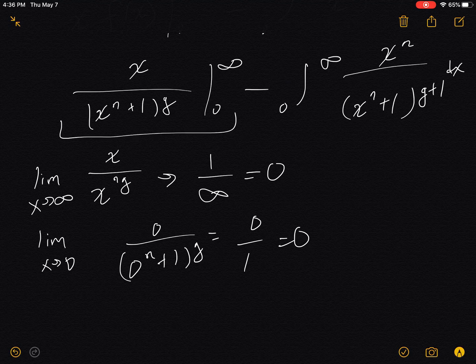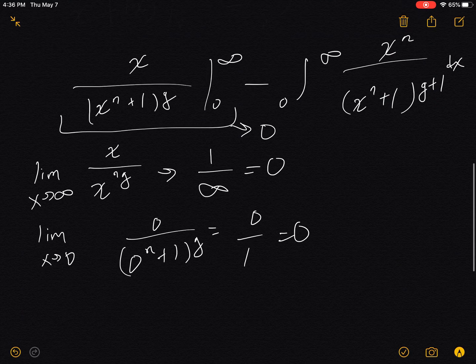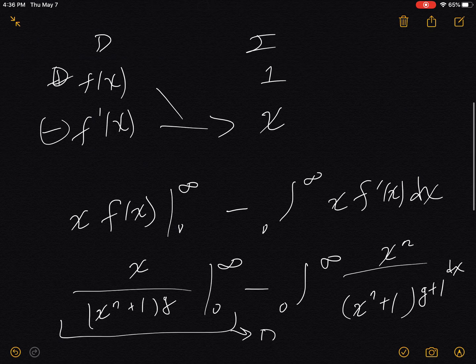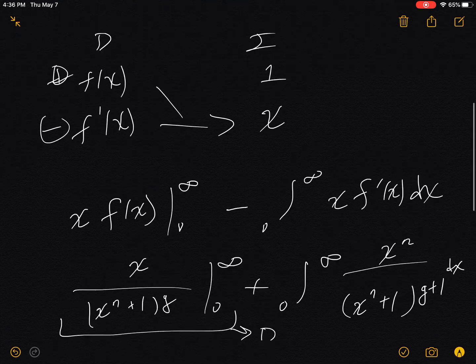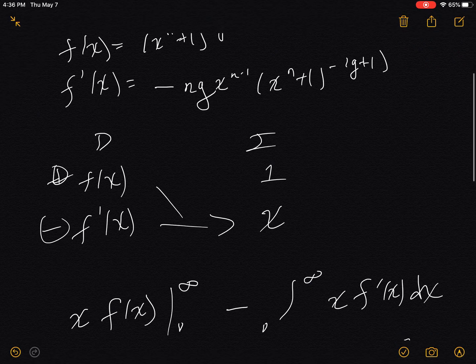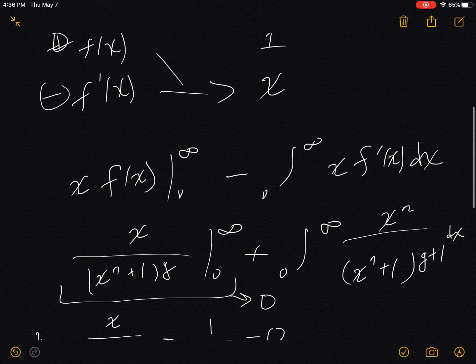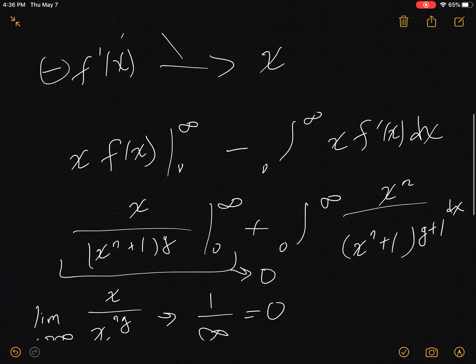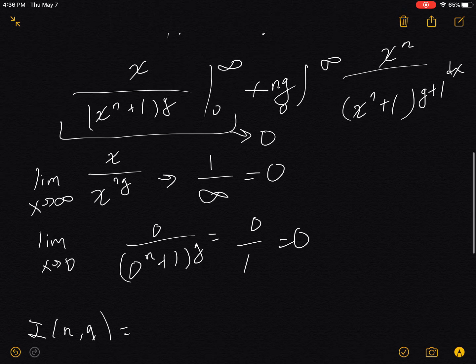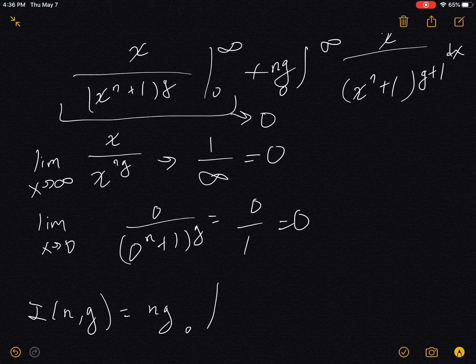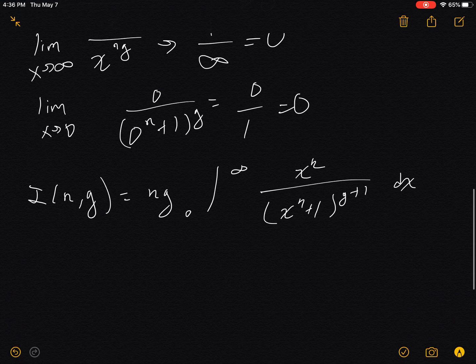So this first part right here is actually just 0. Now, my bad, that actually should be plus because of that negative sign right there. Now all we're left with is that I of n, g is equal to, oh, I forgot this too, n g times the integral from 0 to infinity of x^n over (x^n plus 1) raised to the g plus 1 power, again with respect to x.